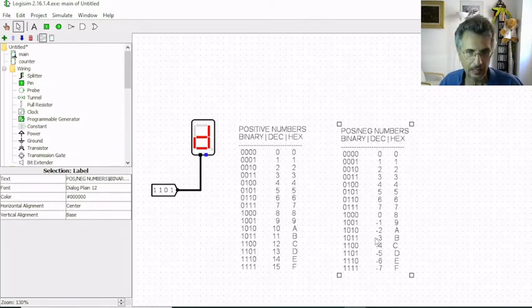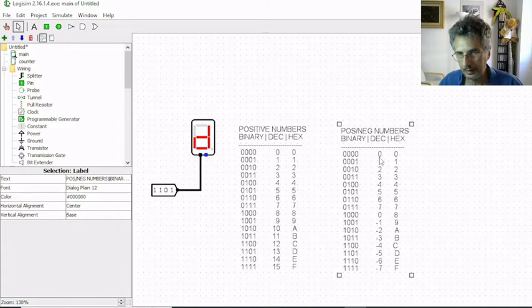But I told you there is a problem, because we have 2 different combinations which represent the same number. 0000 represents 0 and 1000 represents 0 too. And this is a problem, first because we are wasting a combination. We are using two combinations to represent the same decimal number, but this is, of course, not a big problem.